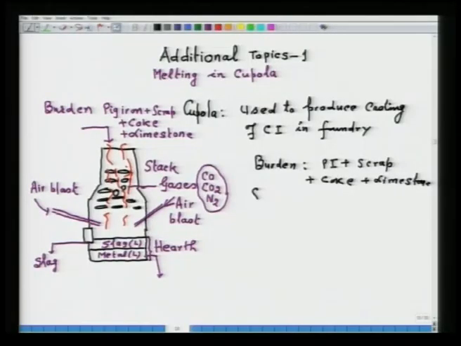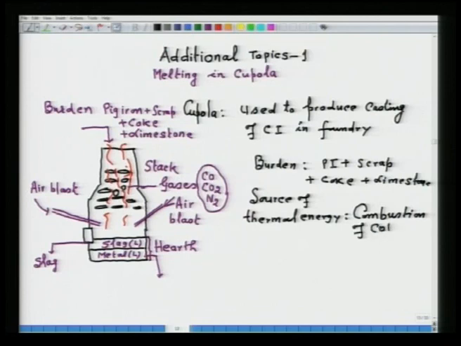So, the source of thermal energy is combustion of coke. You know, combustion of coke generates a very large amount of energy. When carbon combines with oxygen to form CO2 and CO, a very large amount of energy is released.